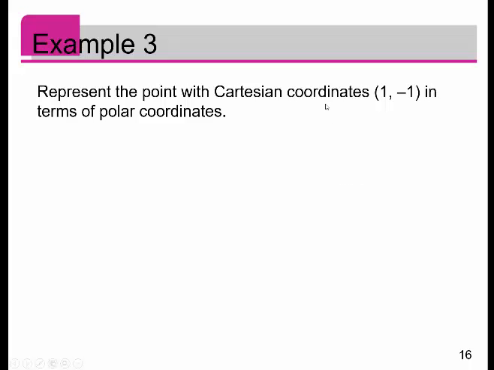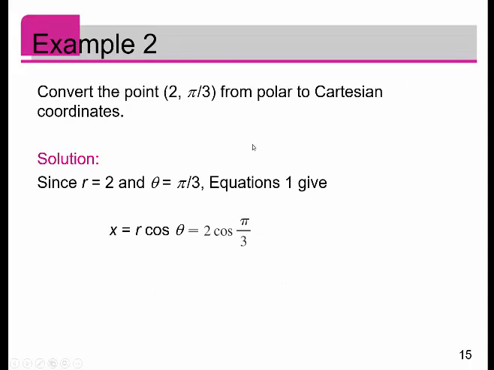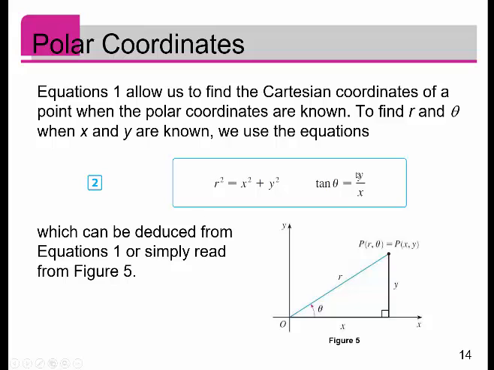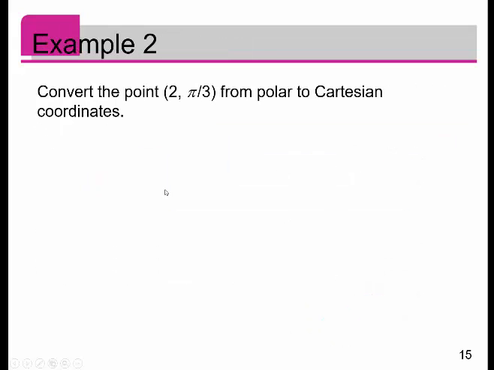All right, so let's represent this point, 1, -1, in terms of polar coordinates. Well, for this, you're going to need to use equation 2. So I know the x and y, so I can find the r. I know the y and x, I can find the theta.